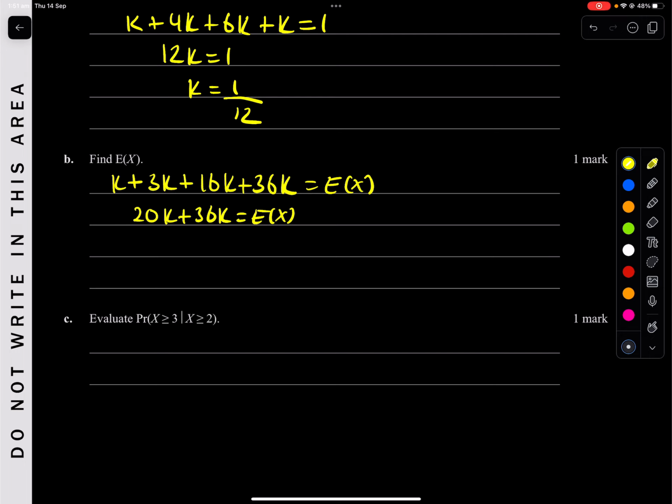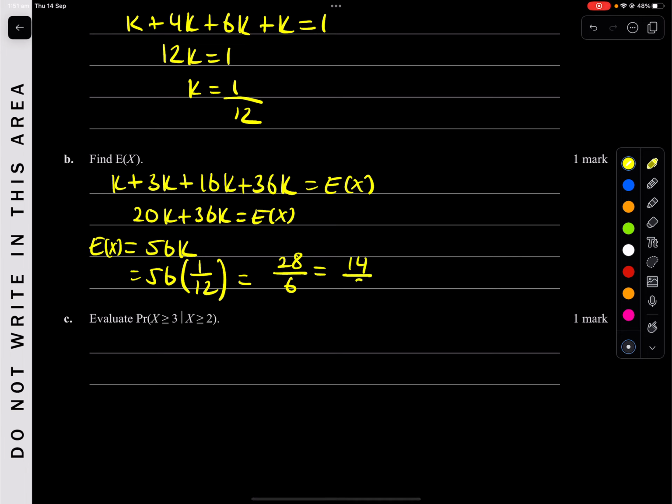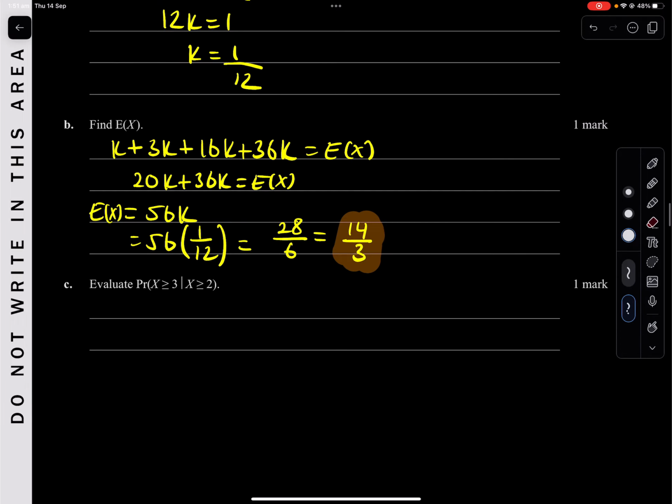So that will be 56k. And we know k is what? 1 over 12. So if we halve all of these, it's 28 over 6. And we halve that again, so it'll be 14 over 3. That's your expected value.